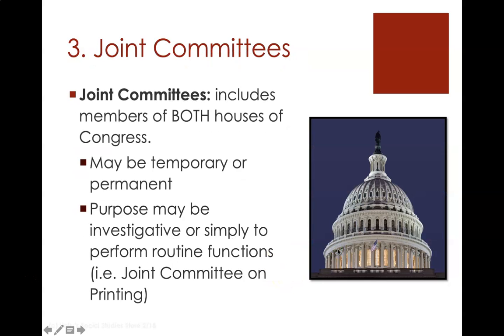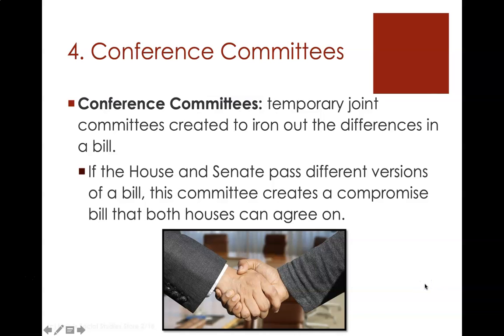Joint committees are the last type of committee we have. They include both the House and the Senate. They may be temporary or permanent, and their purpose may be to investigate or simply perform routine functions. For example, the Joint Committee on Printing. Conference committees are temporary joint committees that are created to iron out the differences in a bill.